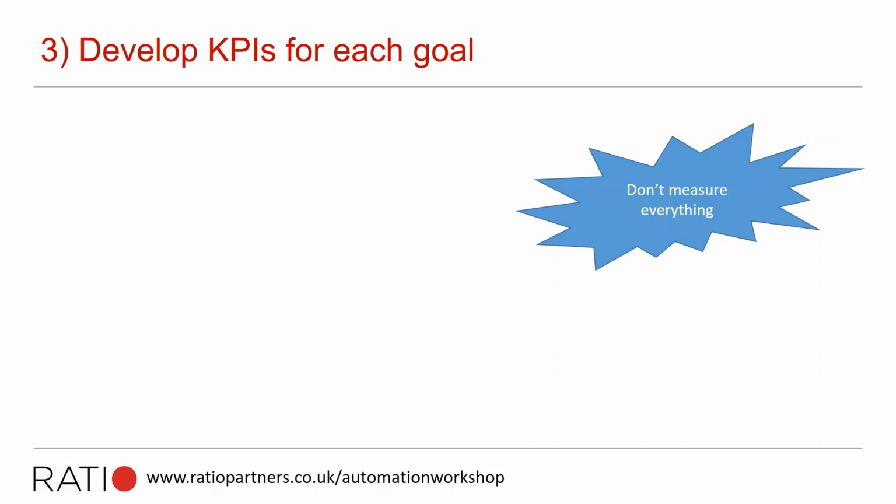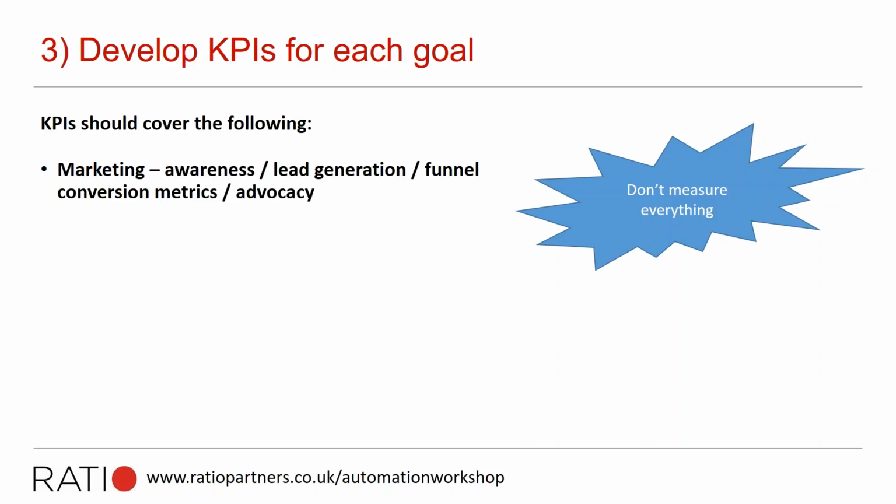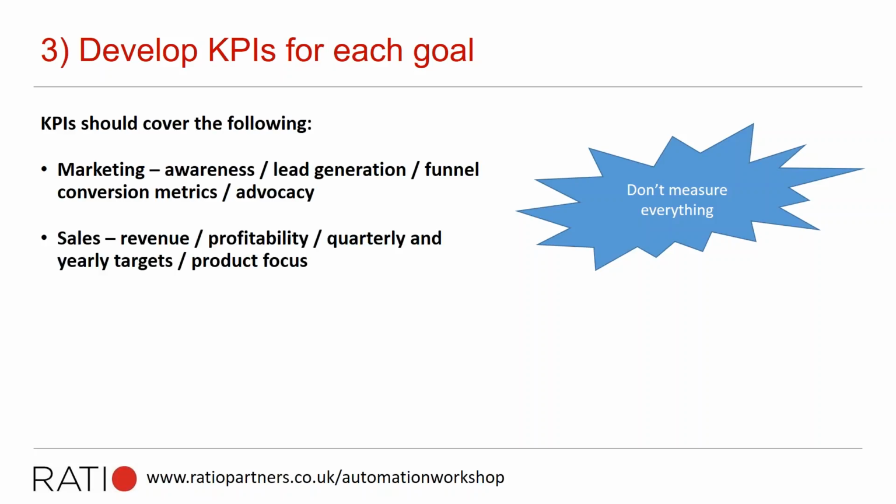The way we look at it is to identify the actionable insights which, when improved upon, have a material effect upon the business. Some of the key KPIs that you should look to develop: you need KPIs for marketing, and you need classic KPIs to support awareness, lead generation, funnel conversion metrics, sales. As I said before, marketing automation impacts more than just the marketing department.